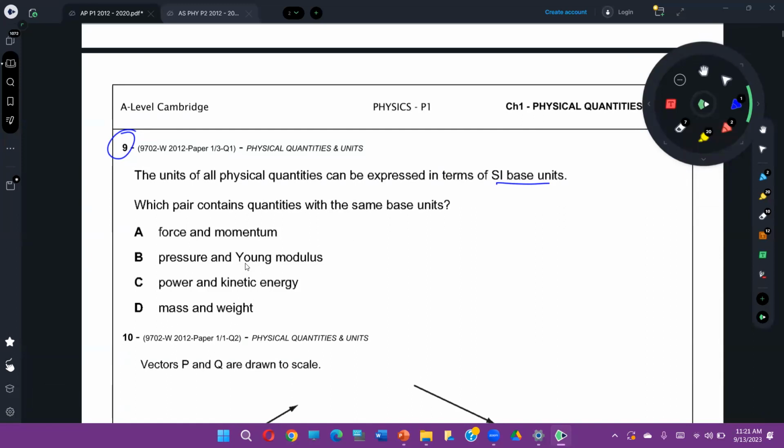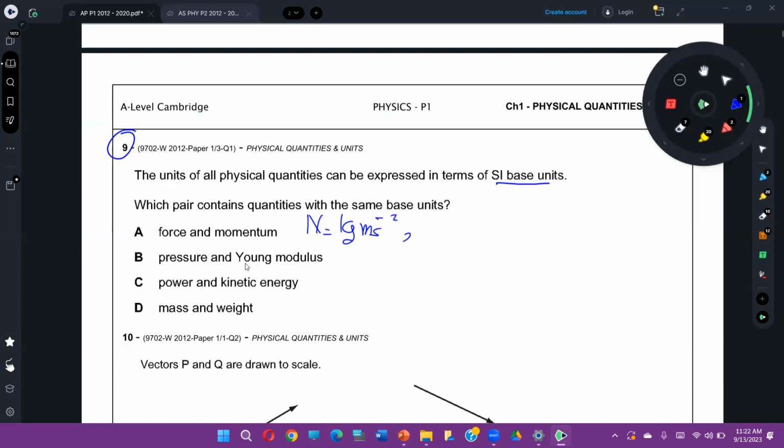So just imagine, are they comparable? Newton means kg m s⁻².